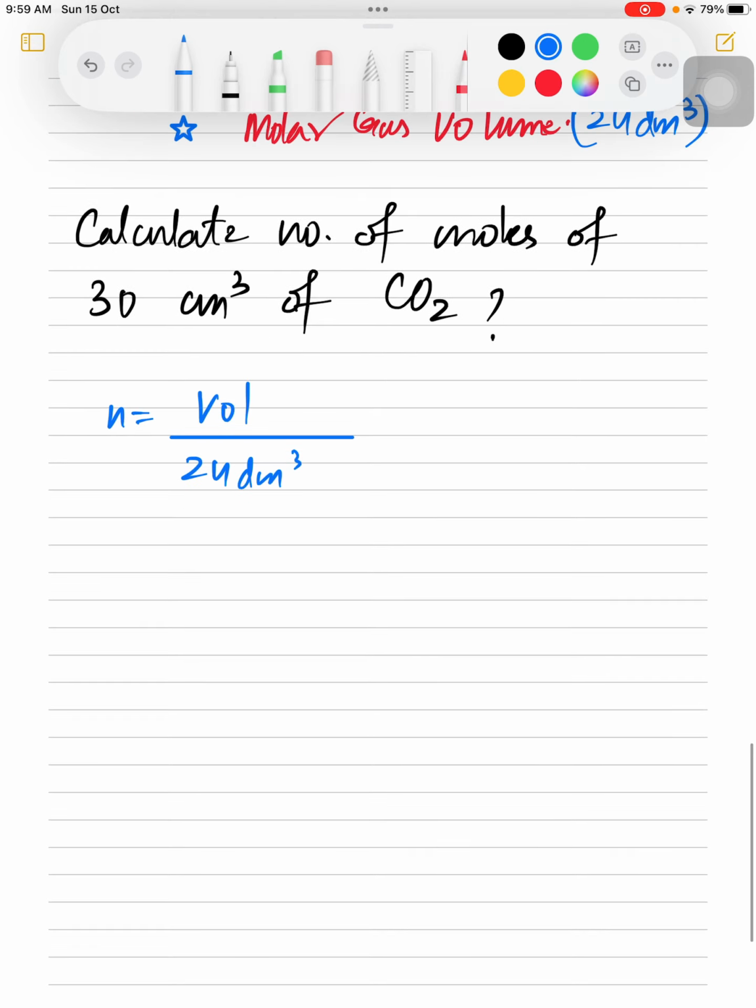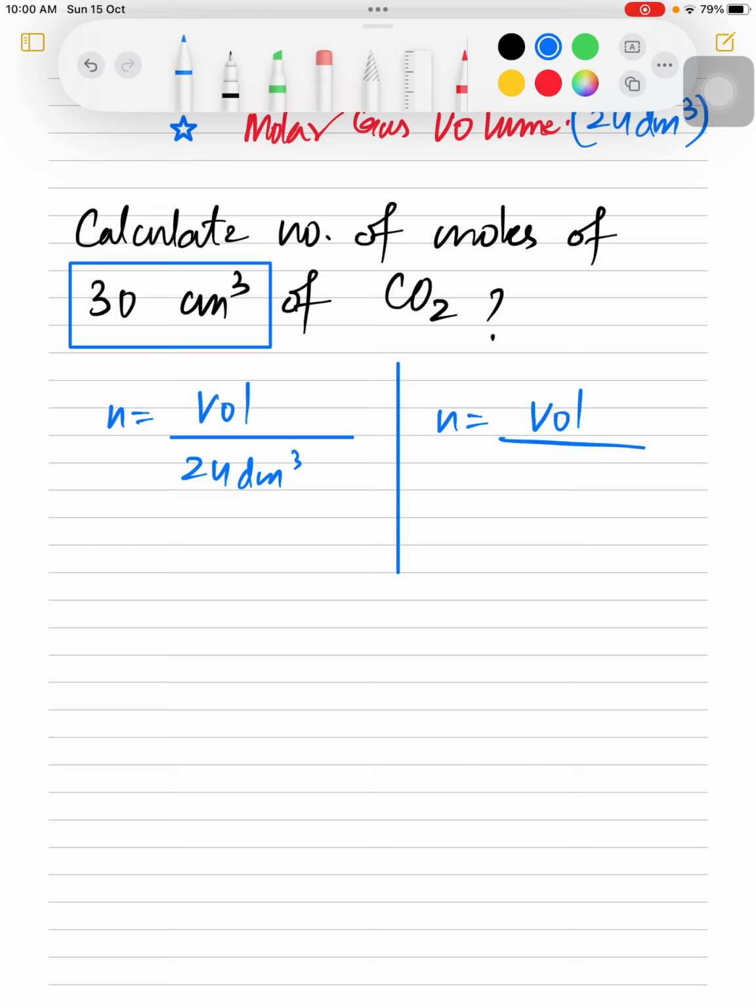As I mentioned, the value is given in cm cube, so rather than converting, I can also use the formula volume divided by 24,000 cm cube. So number of moles equals volume divided by 24,000 cm cube. The volume is going to be 30 cm cube divided by 24,000 cm cube.